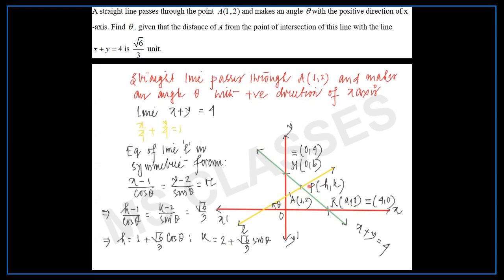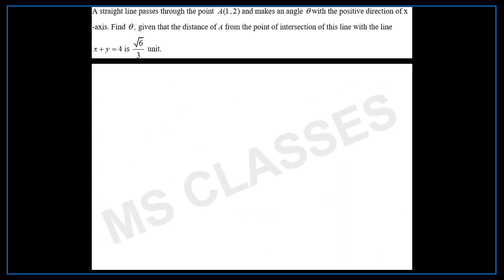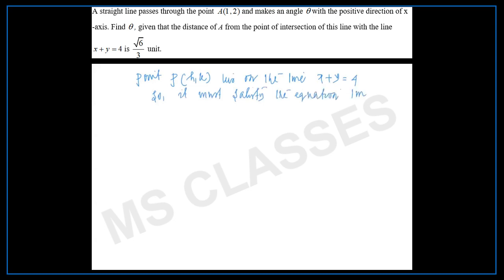Now this point P lies on the line x plus y equal to 4, so it must satisfy the equation of the line.